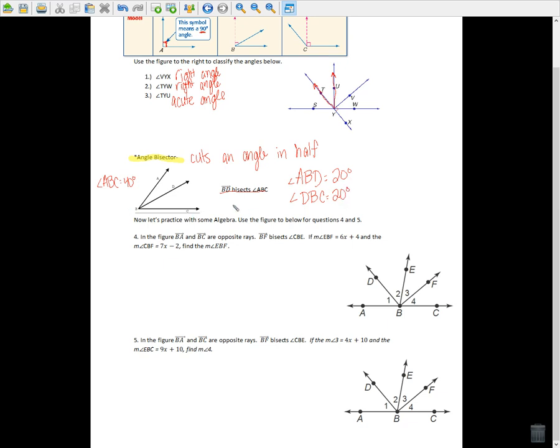Okay, so since this is an angle bisector, it cuts the angle completely in half to where both of these are exactly the same. All right, so let's do some practice on this. I'll do number 4 with you guys, and then I want you to do number 5 on your own.